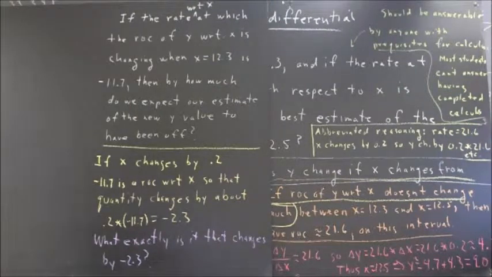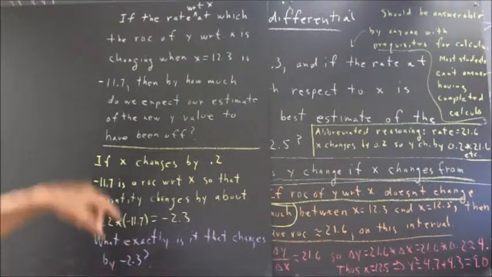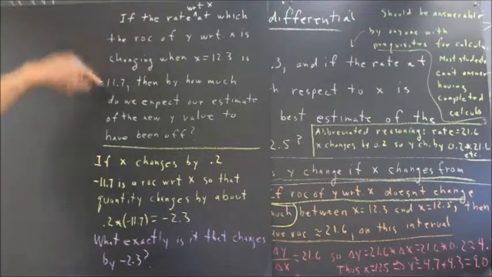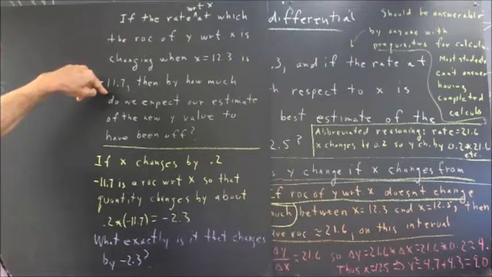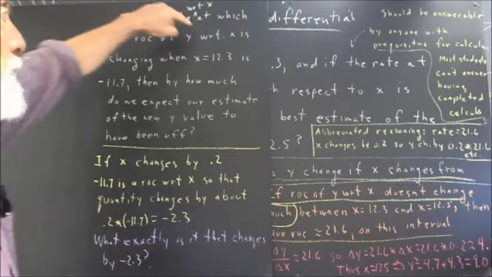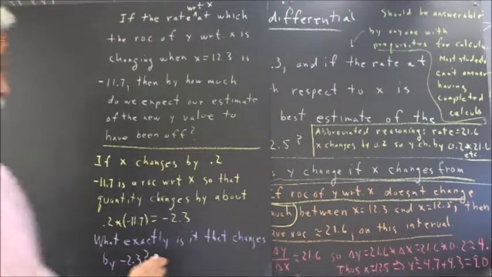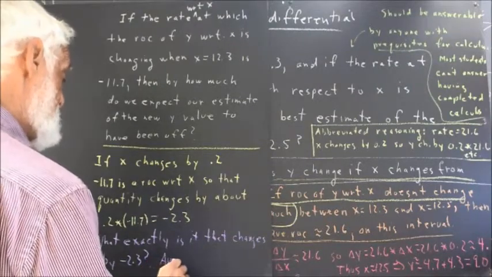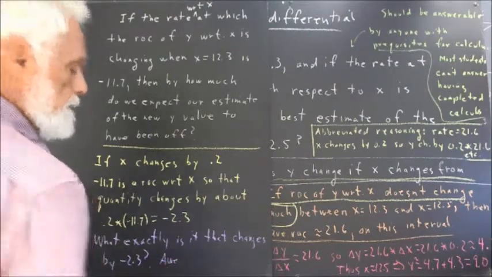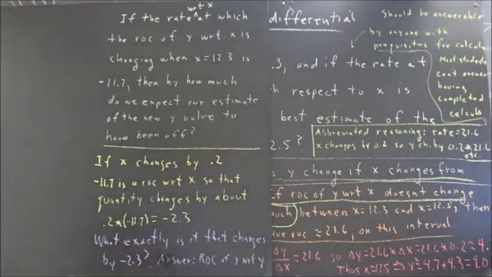Well, what changes by negative 2.3 is the rate of change of y with respect to x. Leaving letters out, let me fix that.